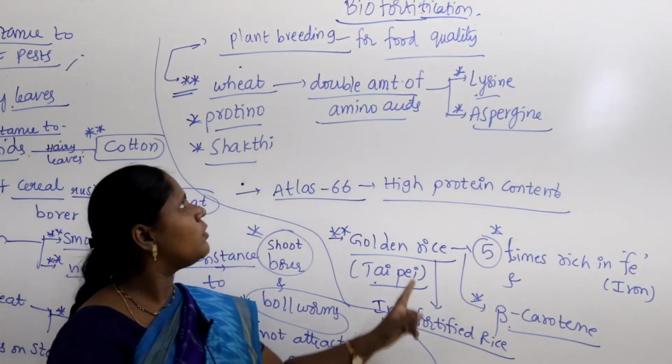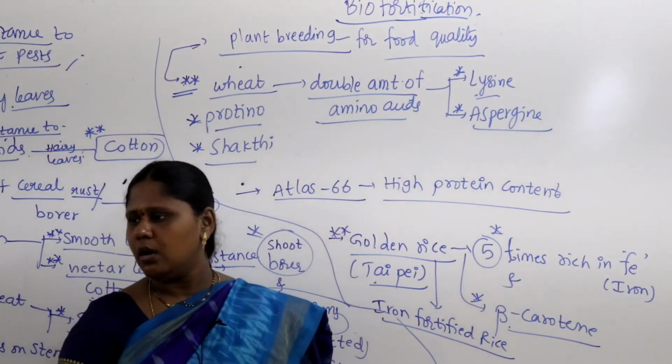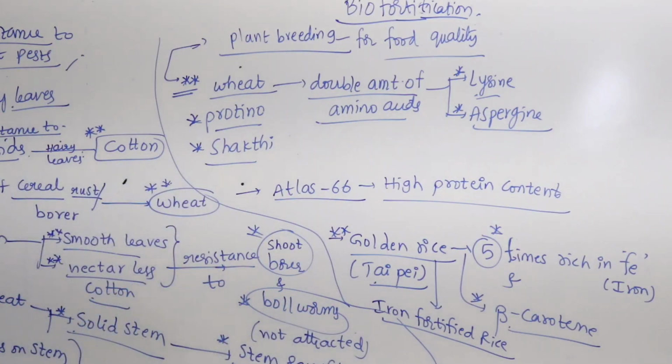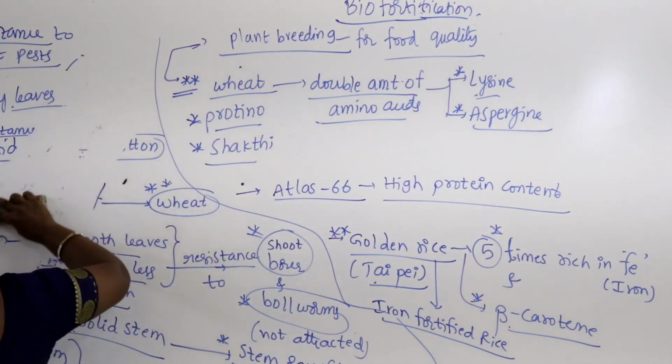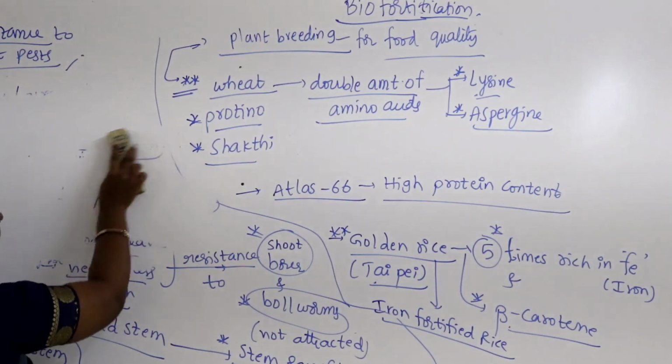The process is called what? Biofortification. Now if you look at the main objectives of biofortification, as I told you just now, to create better varieties.